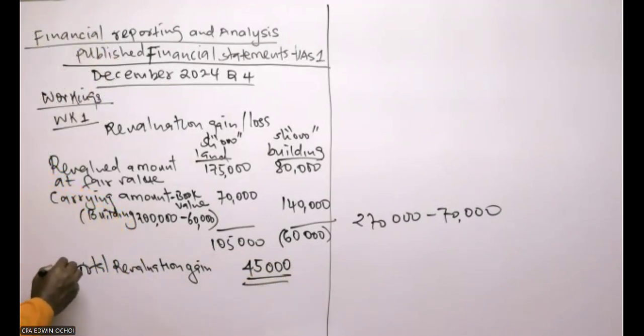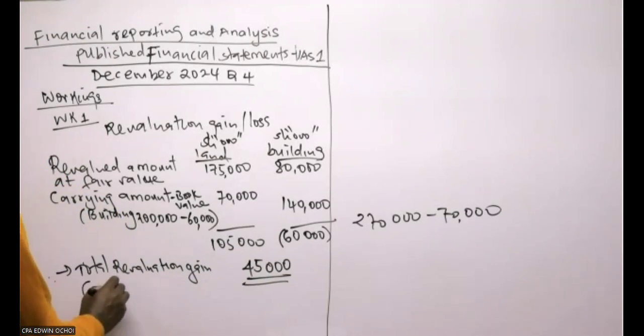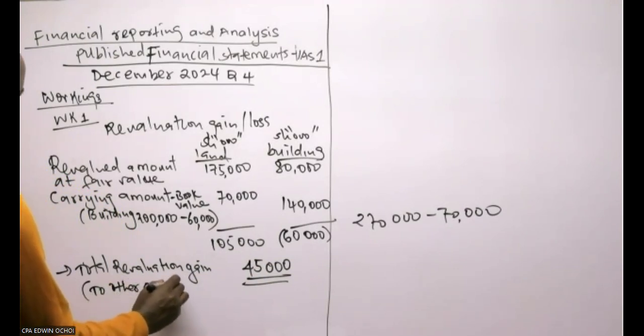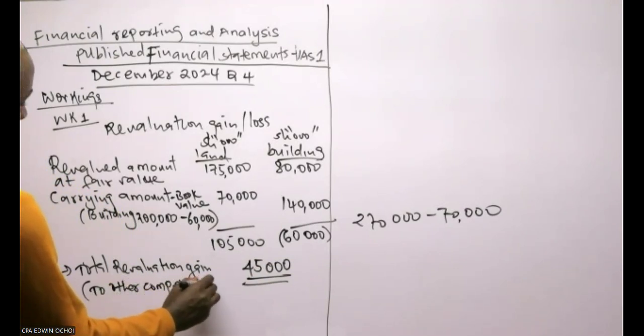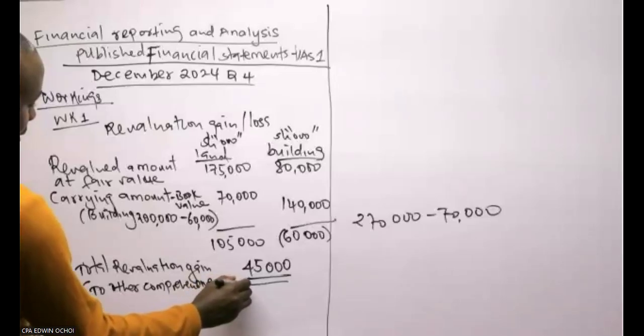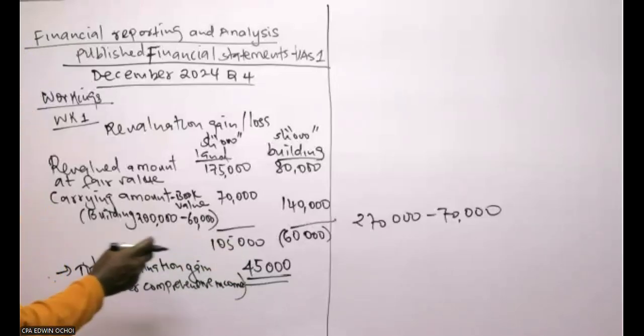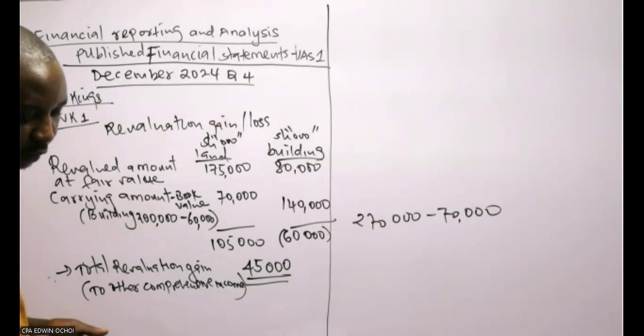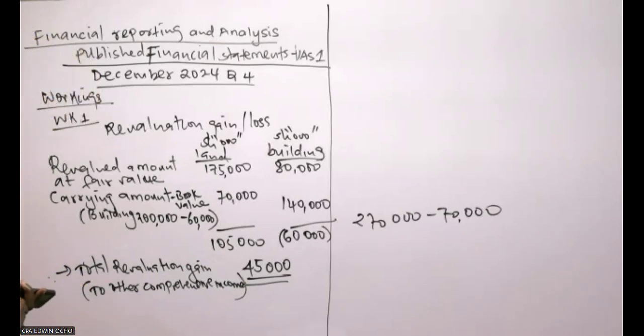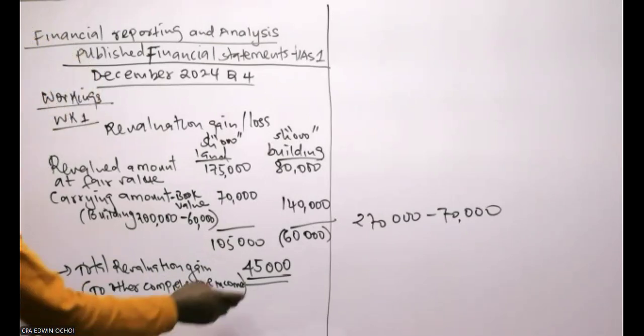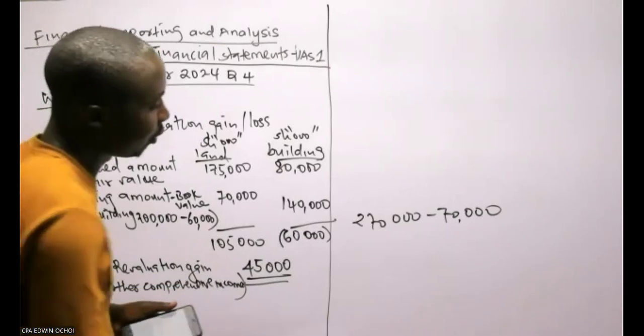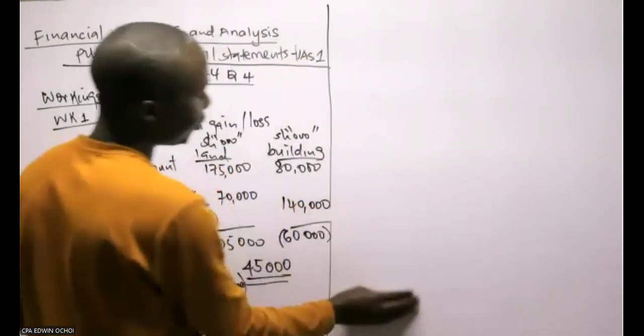Remember that this one goes to other comprehensive income. And also it has to appear as equity in the statement of financial position.